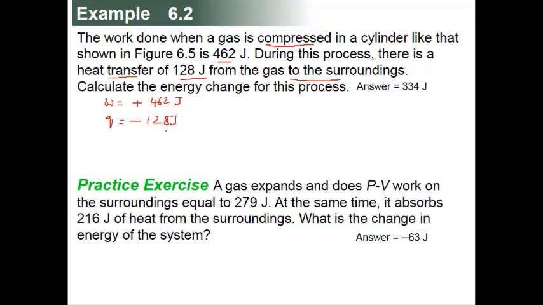So what will be our formula? The calculation here is asking to calculate the energy of the system. So delta E is equal to, work is positive, so we say plus work, and quantity of heat is minus, so we say minus Q. So work is plus 462 minus 128 is equal to 334 joule.